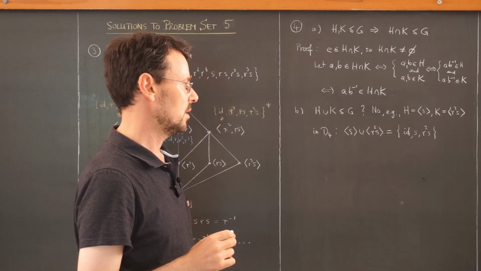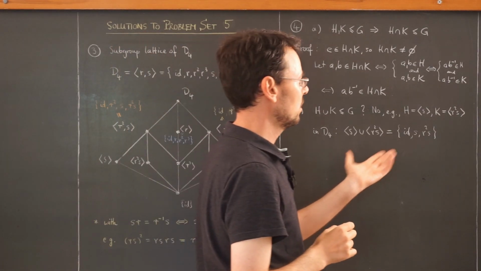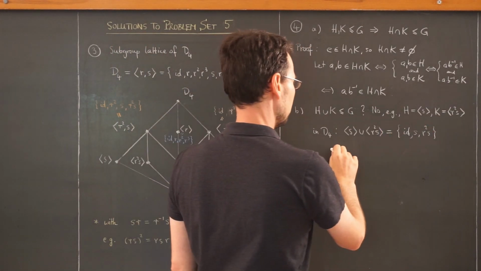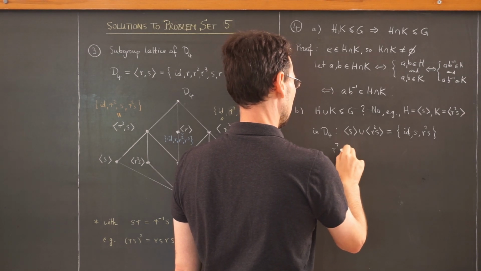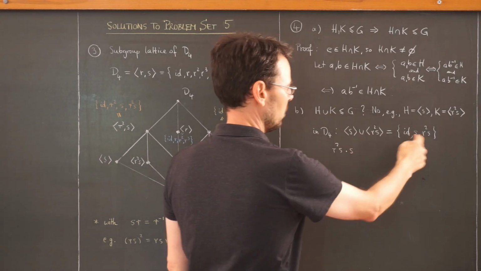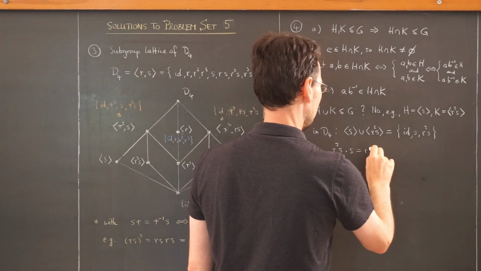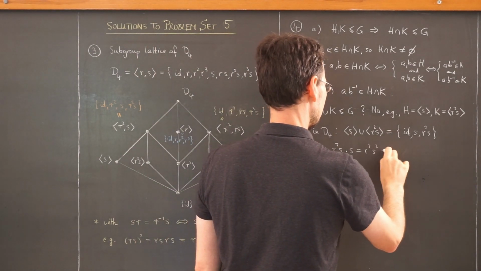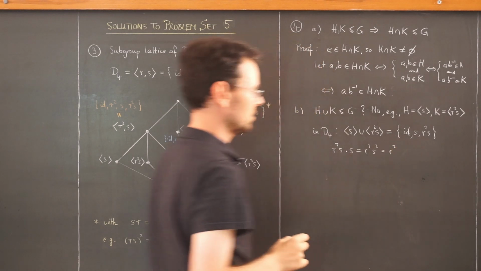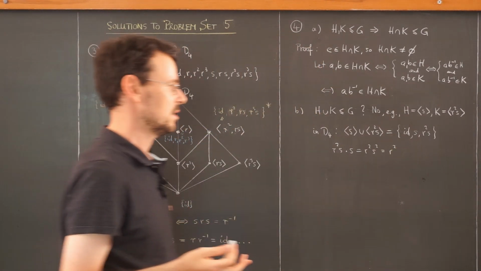this subset here, and this clearly is not a subgroup because, for example, if I compose r squared s with s, I end up with r squared s squared, but s squared is the identity because s is a reflection.